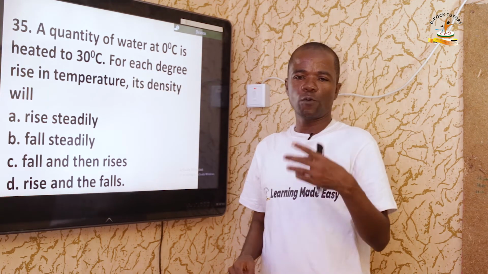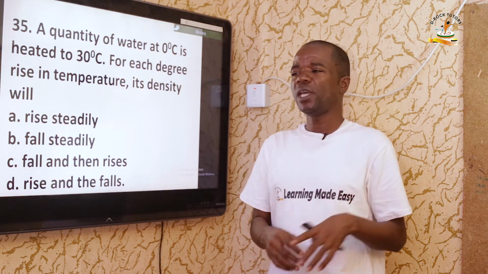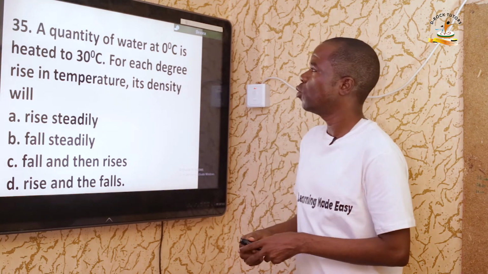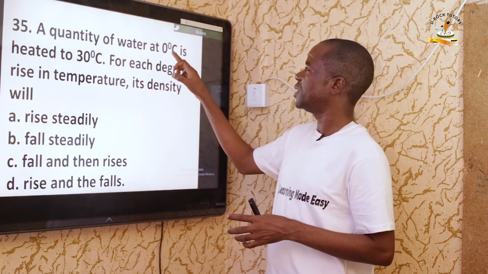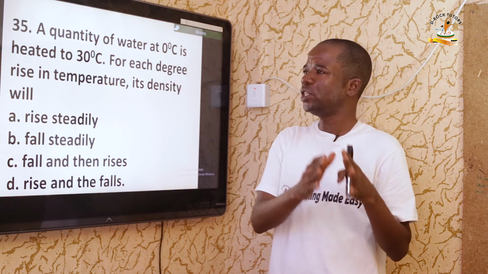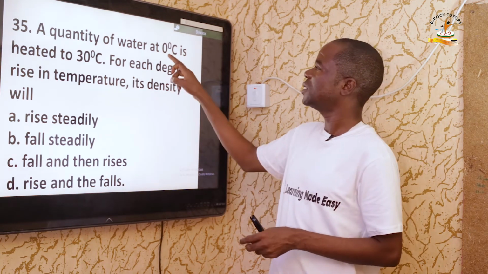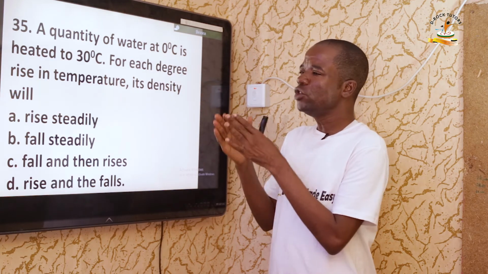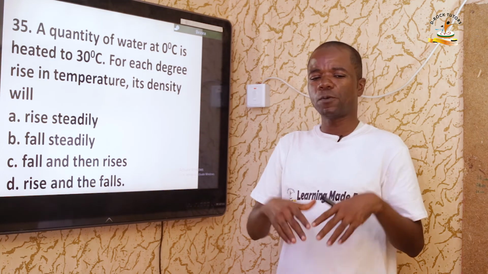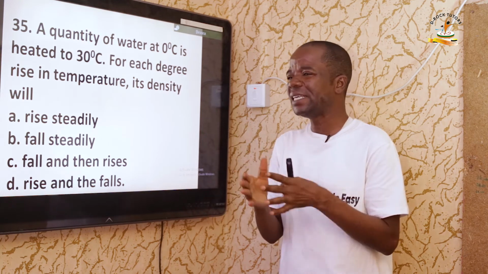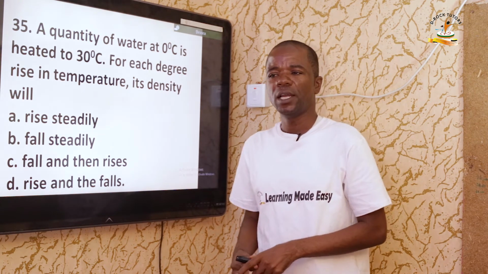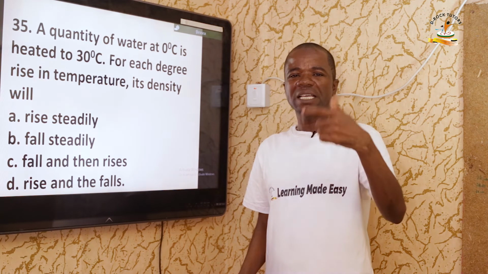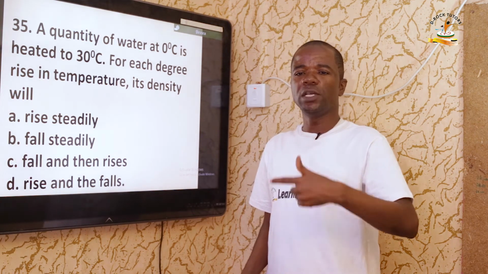First since we're talking about water, don't forget that water behaves anomalously between the temperature range of 0 degrees Celsius to 4 degrees Celsius. So, when water is being heated from 0 degrees Celsius, when it reaches 4 degrees Celsius, what happens? It's going to have its highest density. Don't forget that water has its highest density at 4 degrees Celsius.